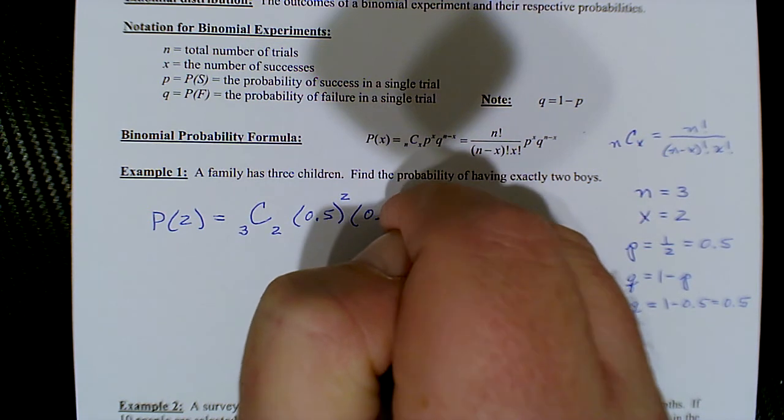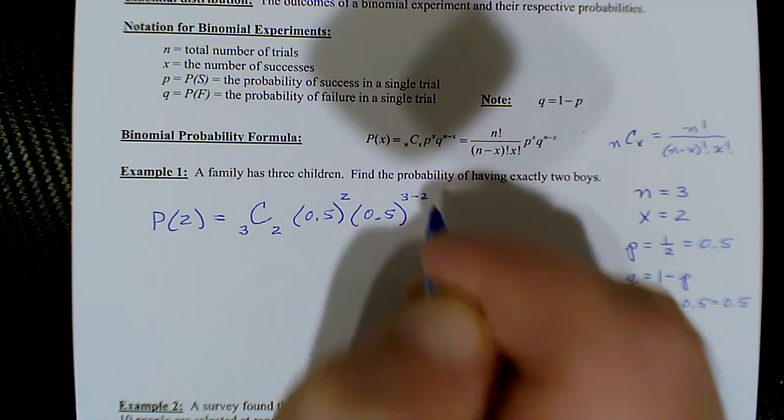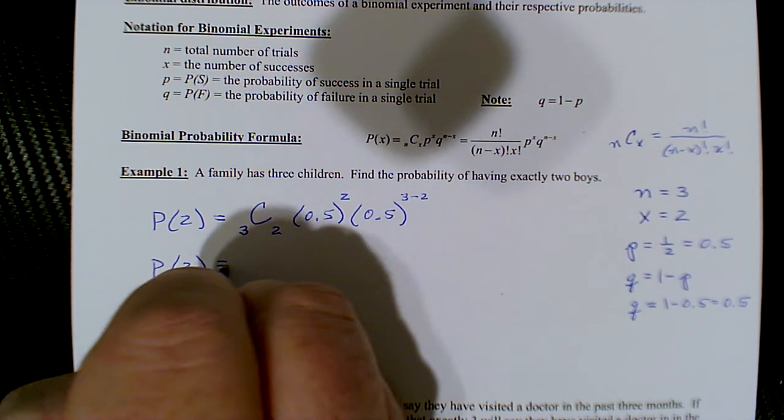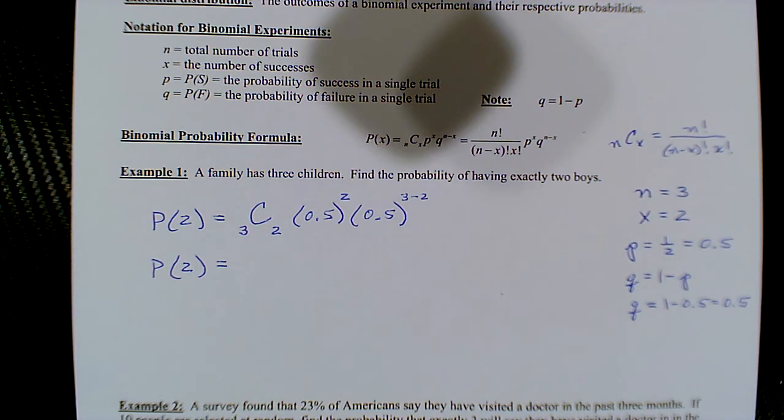So formally 3 minus 2 is simply 1. Now here's what I like to do. I like to calculate the combinations separately.